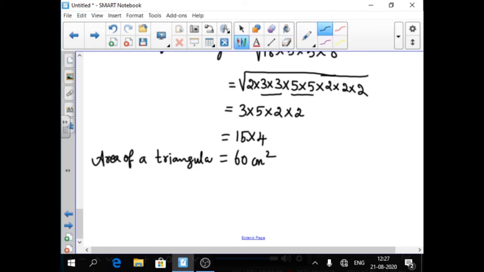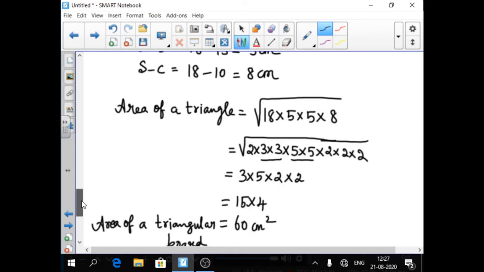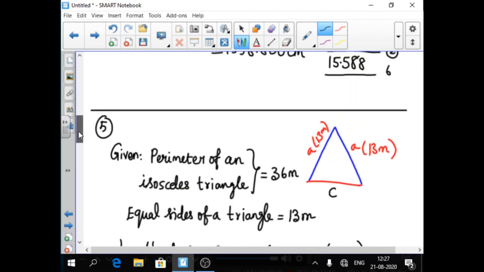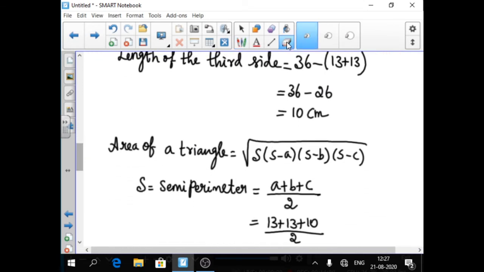Now we are going to find the cost of painting. Sorry, here everything is in meter.